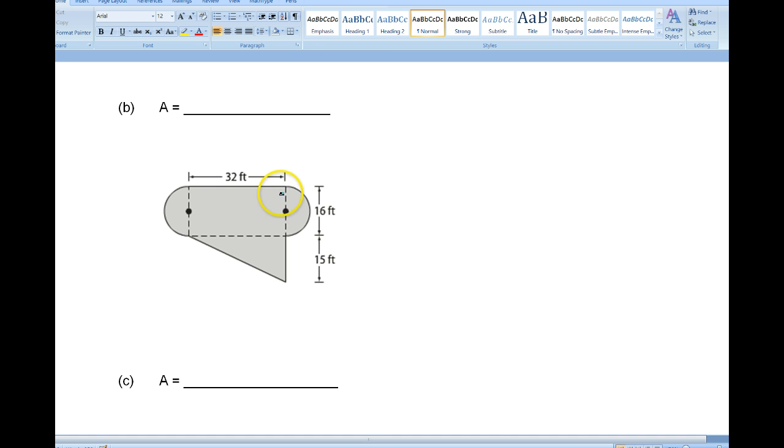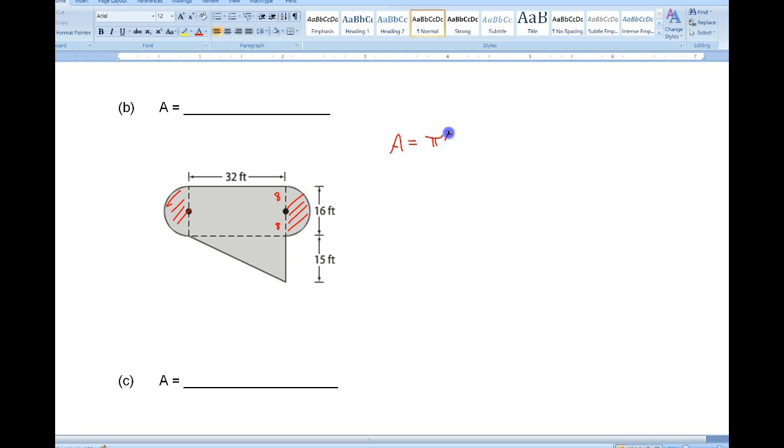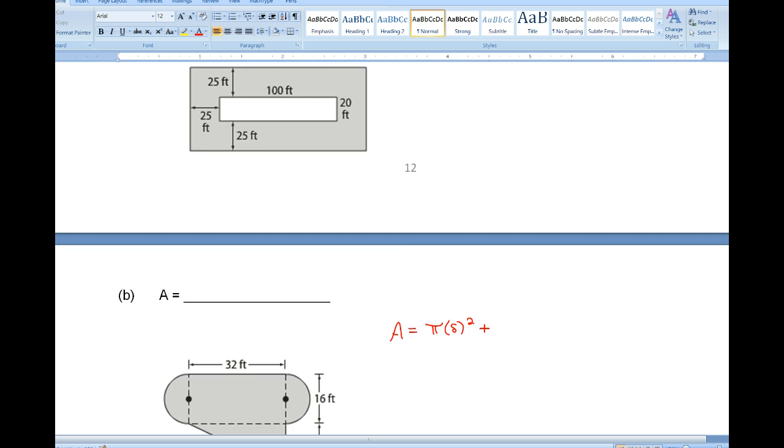So if this is 16, this is 8, and this is 8. You see that those two semicircles, if we put them together, we'll have one whole circle. So it's going to be pi times 8 squared. Now let's look at the rectangle.